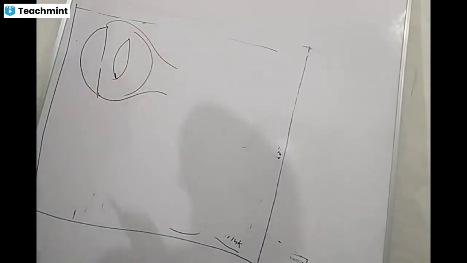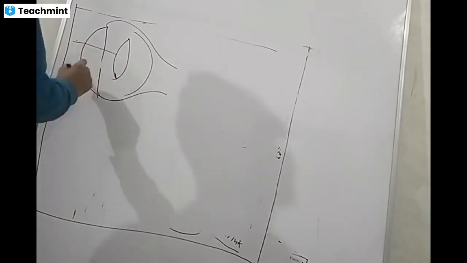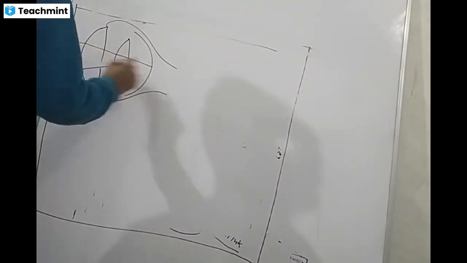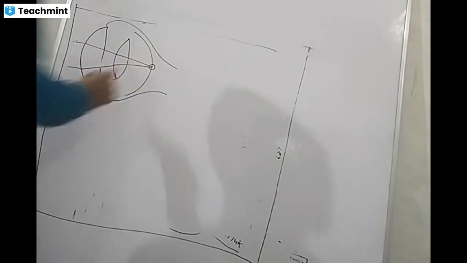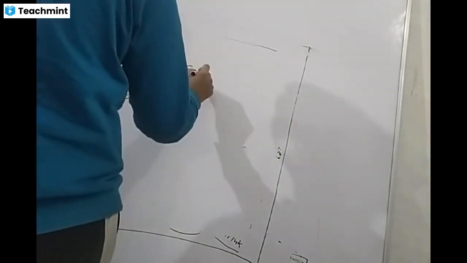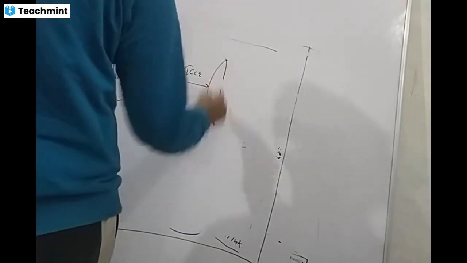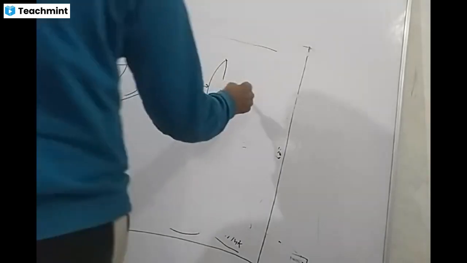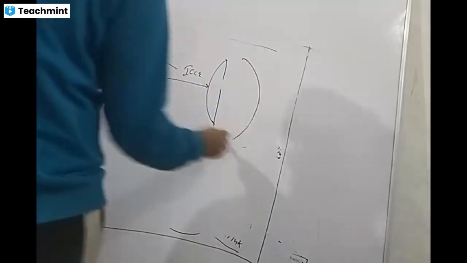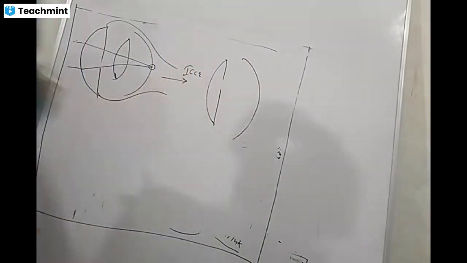This was the normal, where light falls on the cornea, it bends at the lens and that will focus on the retina. After doing intracapsular cataract surgery, there is no lens.